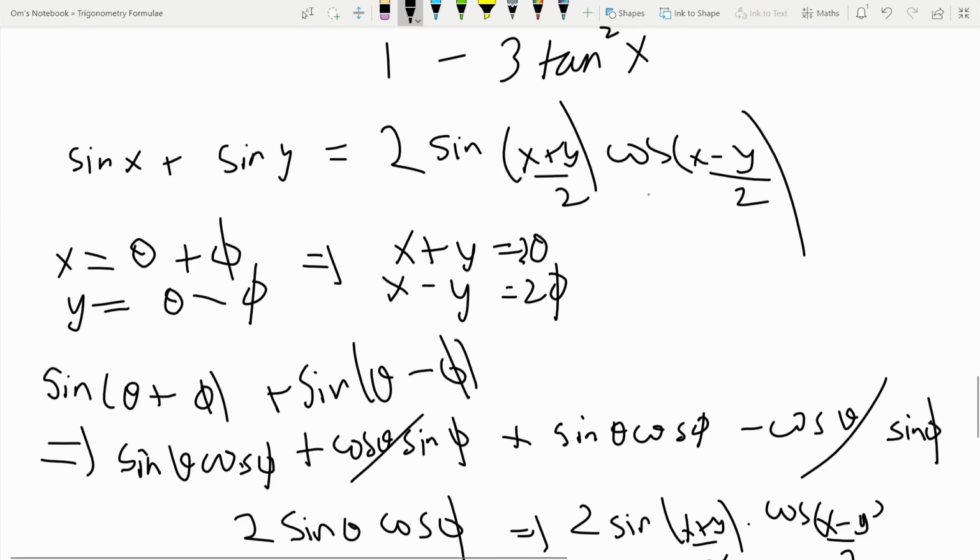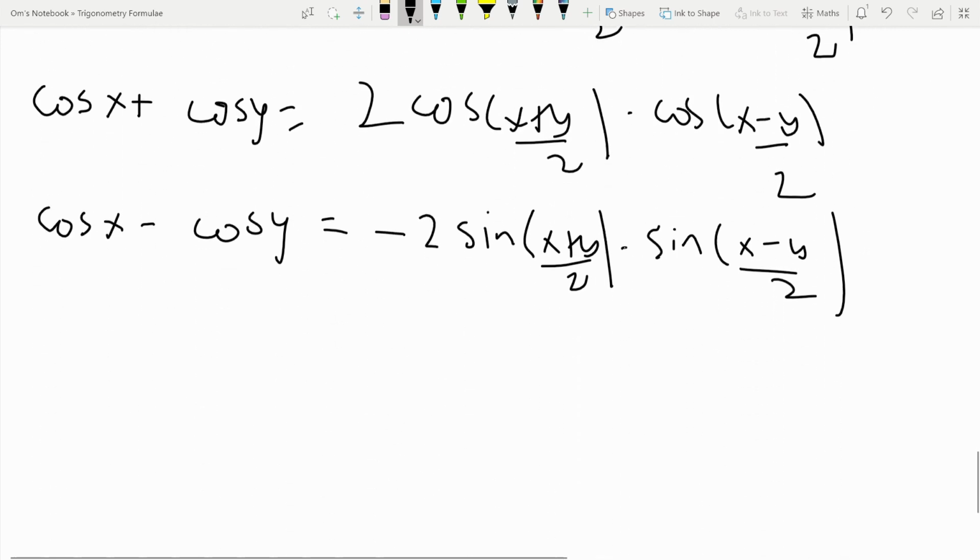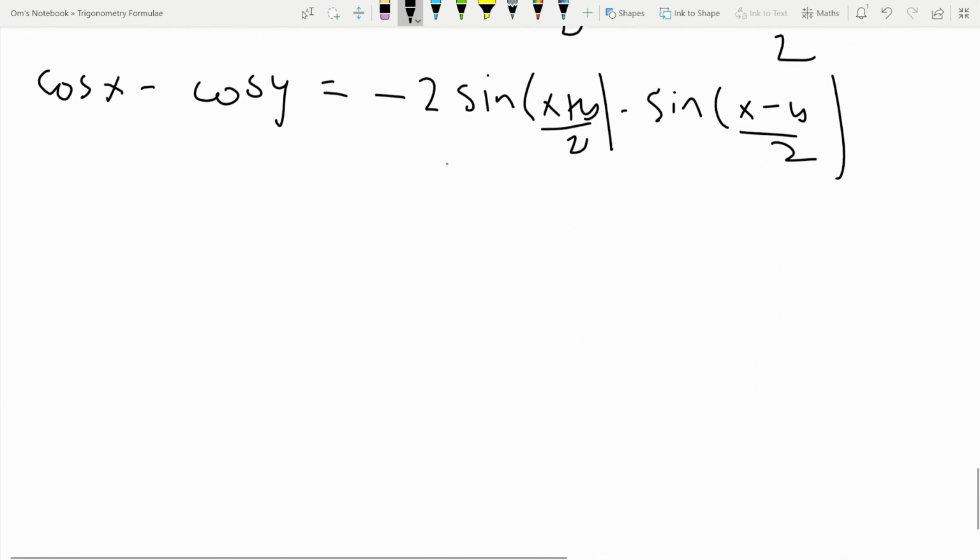So if you wanted to convert from product to sum, you could also do that. That's what I was trying to say. I'm sorry if it became a bit confusing over there. So that is pretty much it, I think.